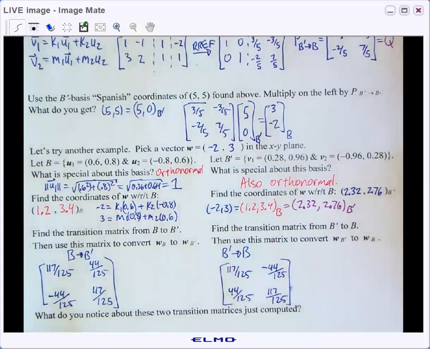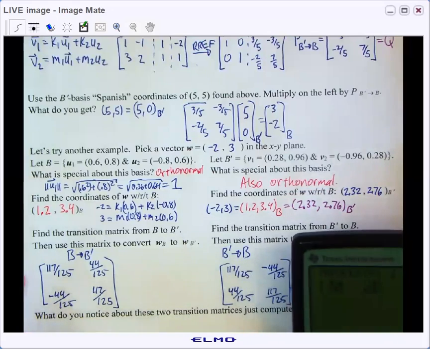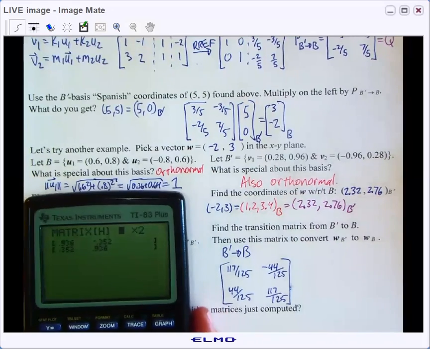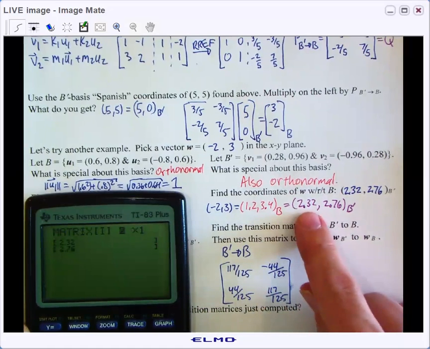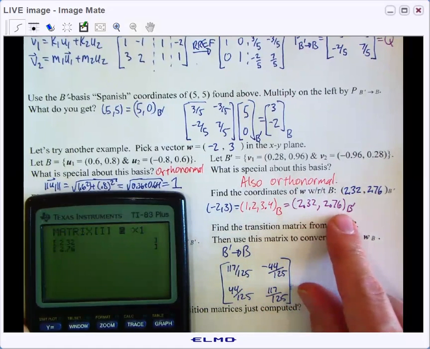Okay. I have this matrix here in my calculator as matrix H. Okay, so there's matrix H, that's this one. And in matrix I did its coordinates with respect to the B prime basis.